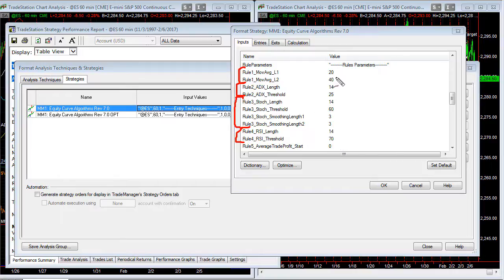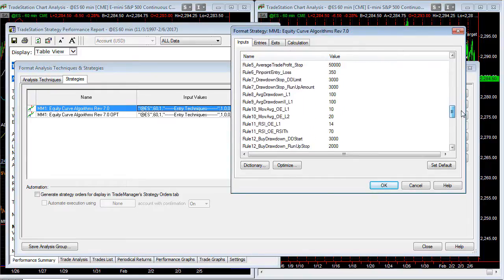So there are 8,192 combinations of just rules, but there's even more when you consider all the possibilities of the individual inputs. So there is, again, an optimization algorithm that helps you reduce the search for the best algorithm for your strategy. But that's how you set up the rule parameters, and there are 12 of them. I'm going to scroll down and take a look at each of those.